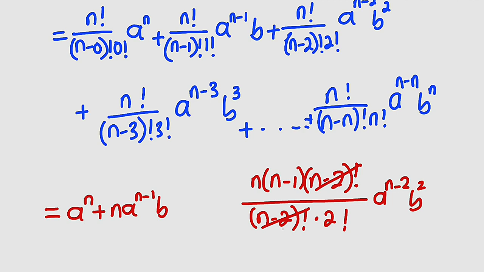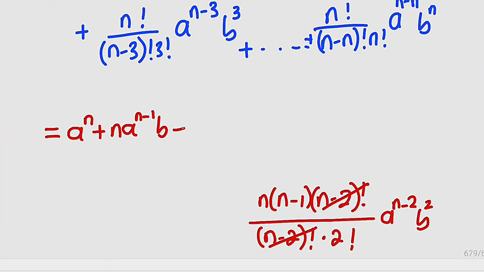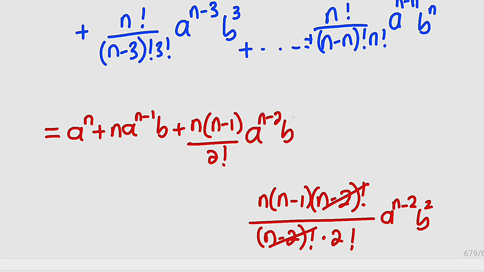So the whole of these factorials are gone. All we have is n times (n minus 1) divided by 2 factorial, then we multiply by this. So we have plus n multiplied by (n minus 1), then divide by 2 factorial. Then we have a raised to the power of n minus 2, b raised to the power of 2.